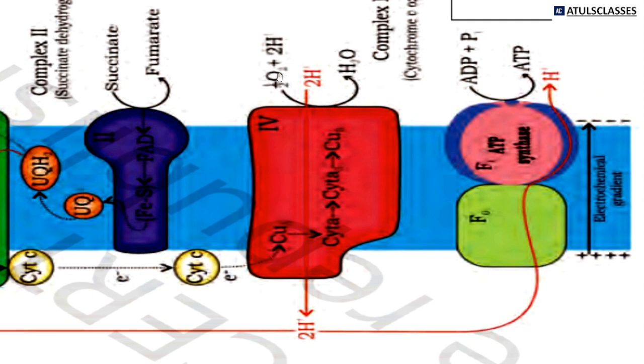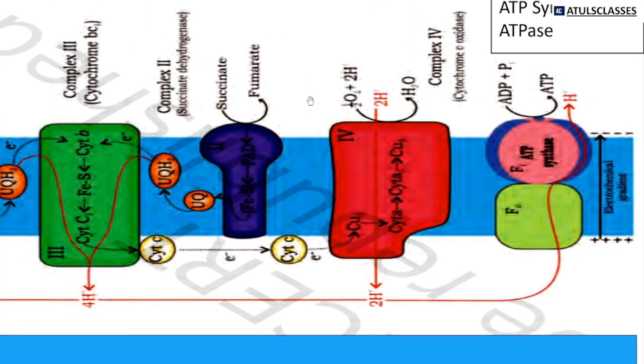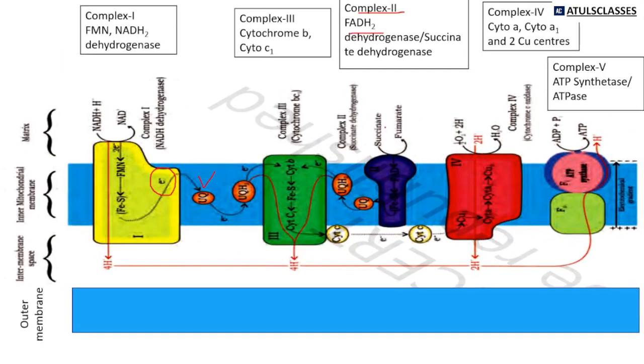Then these electrons will be accepted by the oxygen. Now here the role of oxygen has come, and we find that oxygen has only this much role in the whole respiratory process, where oxygen will gain electrons and add hydrogen, and this will form water.